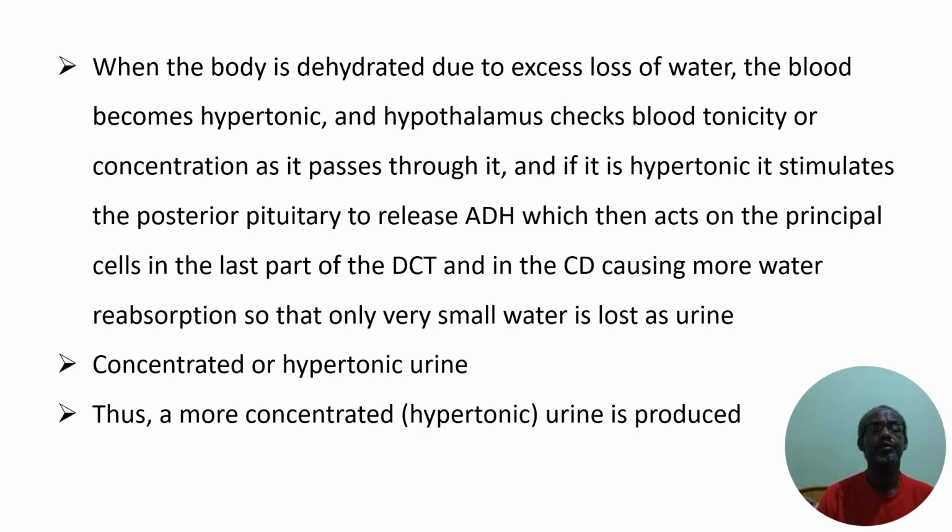The hypothalamus stimulates the posterior pituitary to release ADH or vasopressin, which then acts on the principal cells in the last part of the distal convoluted tubule and in the collecting duct, causing more water reabsorption so that only a very small amount of water is lost as urine. Water conservation. So you produce what? Concentrated or hypertonic urine. Even its color is darker because of the low amount of water. Thus, a more concentrated hypertonic urine is produced. This is the essence.